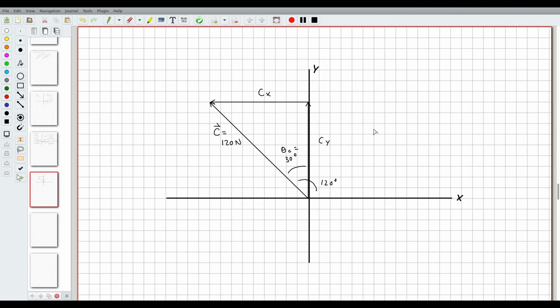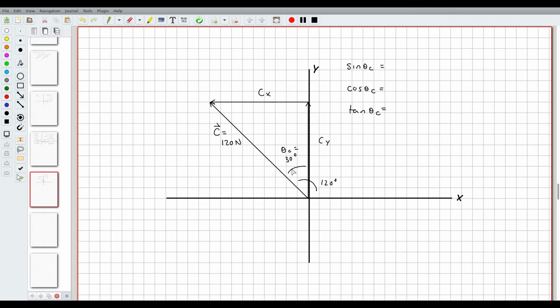All right. Now, so if this right here is my angle, and I write out my trig functions like this. Sine, remember, is opposite over hypotenuse.